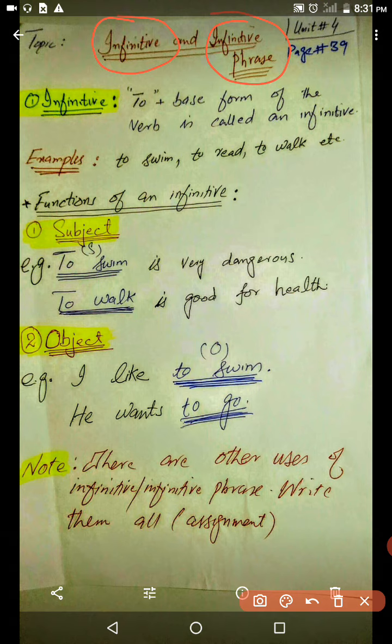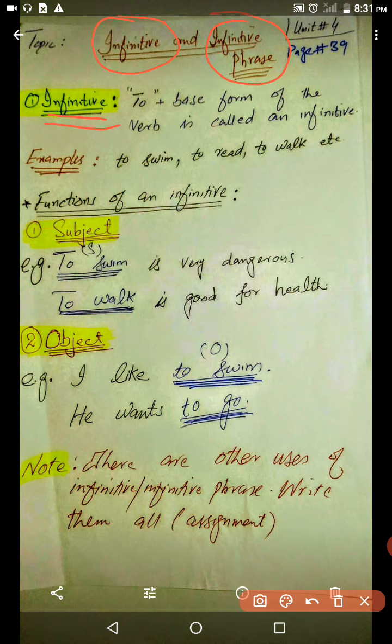Coming towards an infinitive, when first form of the verb like walk, talk, run, etc. is preceded by to, it becomes an infinitive. Like you say to run, to want, to buy.